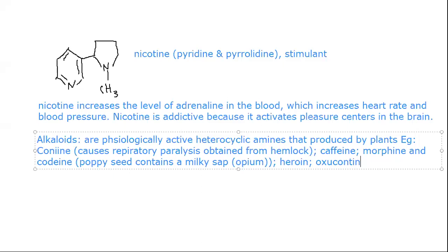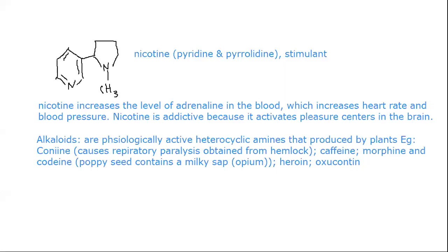So all these are natural alkaloids. So what are alkaloids? Alkaloids are heterocyclic amines that are produced by plants. When you obtain something from a plant that has a psychological effect, they are called alkaloids.